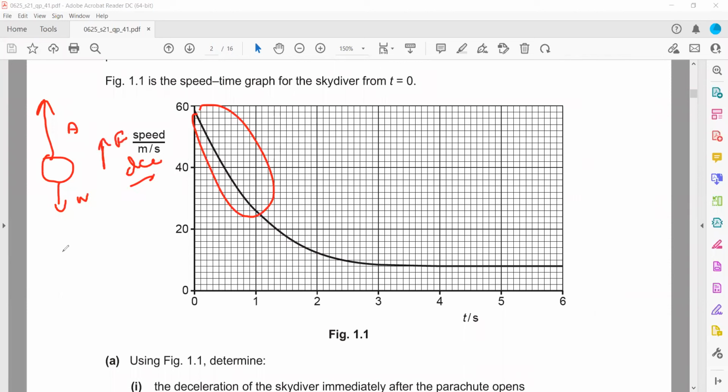As he slows down, the speed decreases, so air resistance will also decrease, and air resistance again balances with the weight at this point. When the air resistance balances with the weight, there is no resultant force. Air resistance and weight are equal, so the resultant force is 0. So acceleration is 0, and he moves with a constant speed.